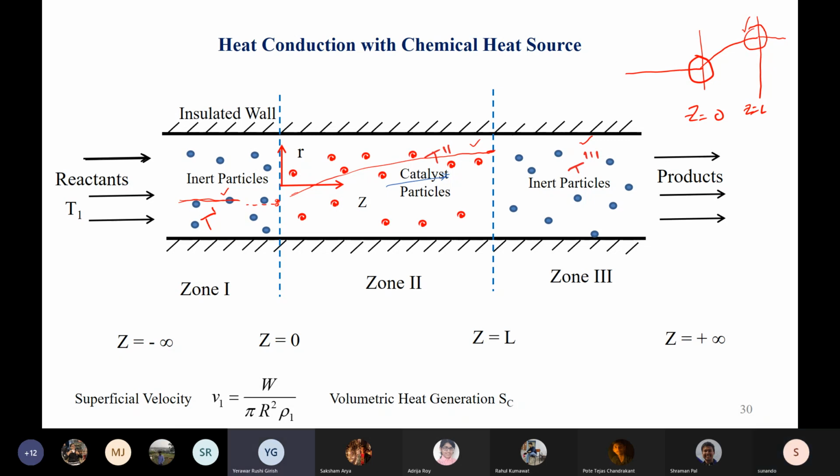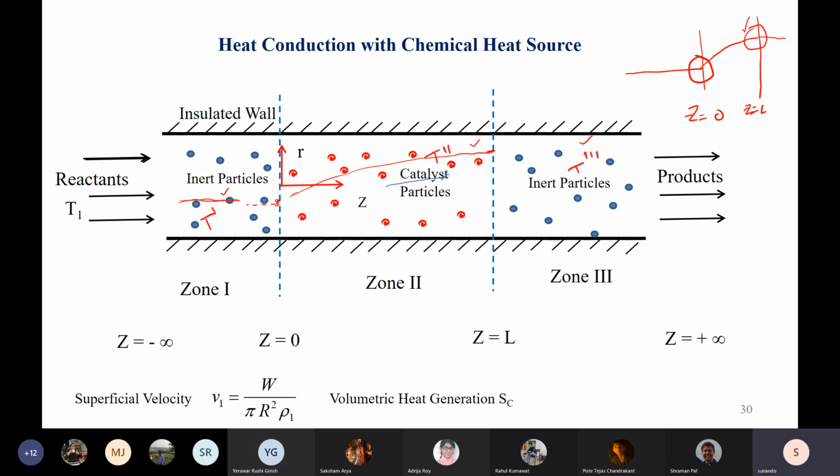Sir, I want to ask one thing. Hello? Yes, can you repeat that? It's not very clear. Sir, I want to ask one thing, that at Z equals 0, is there any diffusive conduction of heat? In which direction?